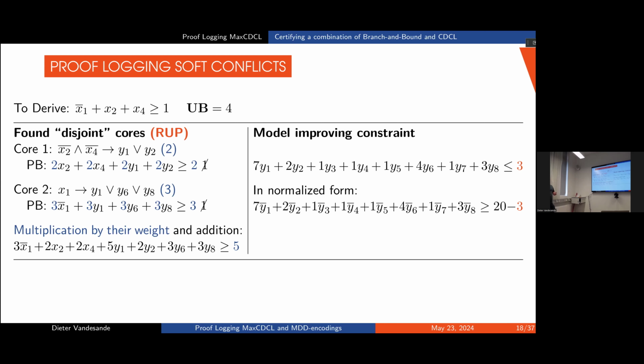And often, if we are going to add it up, it's handy to have it in normalized form. So actually, this constraint is the same as this one, except that I changed the smaller than or equal to the greater than or equal, and then of course I need to rewrite this constraint a bit.